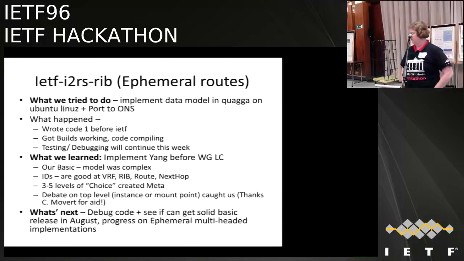A transaction interface where you say, I want RIB number 2, route 1, next hop 5 is a very effective way to do that. And one thing we had fun on was the debate on the top level instance or mount point, which the NetConf folks caught us on. Thanks to Carl for the aid on that. What next? Debug, get it working, send it out.